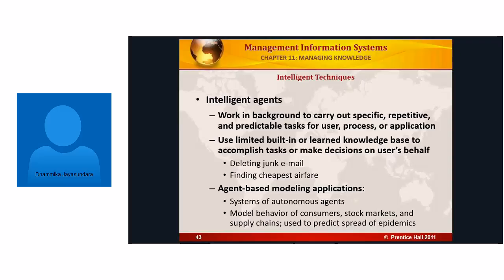So you can automate the deletion of your junk mail, your trash bin, likewise. Agent-based modeling applications are systems of autonomous agents that model the behavior of consumers, stock markets, and supply chains, and are used to predict the spread of epidemics.